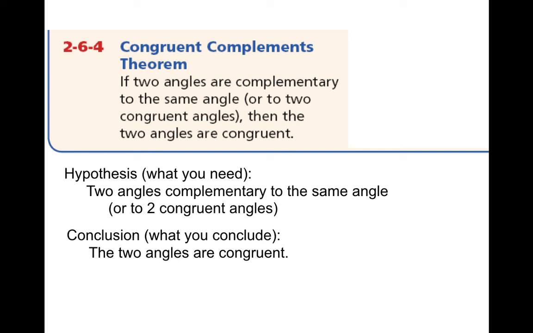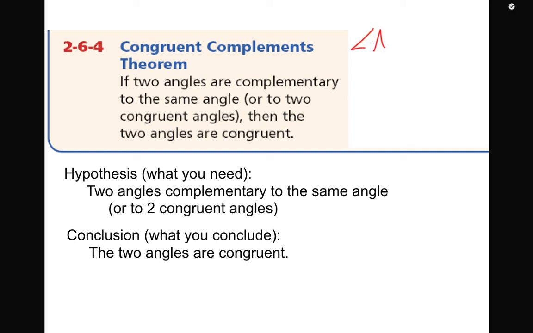Okay, now let's think through it. It'll be very similar to what we did earlier, but you've got 90 degrees. So let's kind of make a list here. Let's say we've got angle A, angle B, angle C. Okay, so the measure of angle A, let's say, is 15 degrees. I want A to be a supplement to B. I want C to be a supplement to B. Oh, whoops. I was using supplement. That was from our earlier theorem.